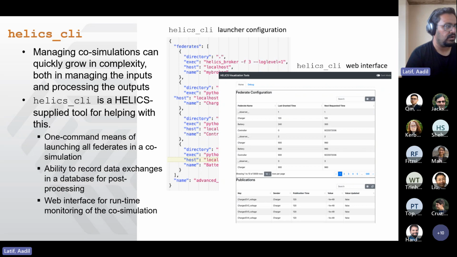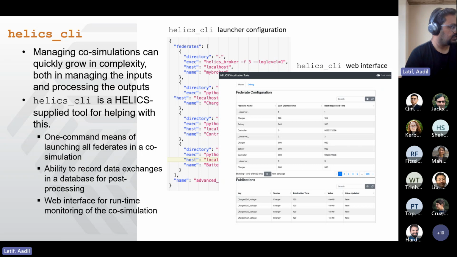What that requires you to do is just build out one JSON file, and you can have a one-click simulation run. This JSON file allows you to launch all the different federates, all the different participating simulators, in a synchronized manner. Once that is done, Helix can take over and start to co-simulate, and make sure that everything is synchronized and information is being exchanged as described within this framework.